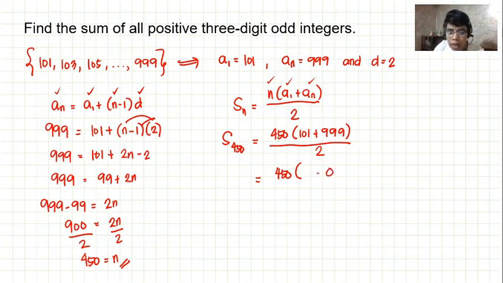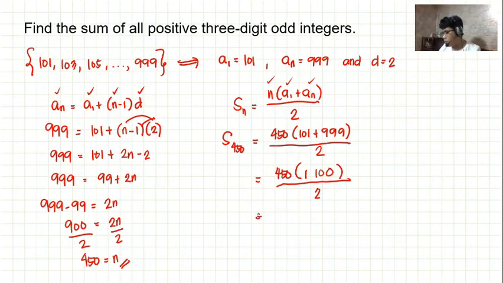That is 10, 10, 1, 1. Am I right? So this will become 1,100. Okay? All over 2. Okay? So from that, this will now be equal to, okay?